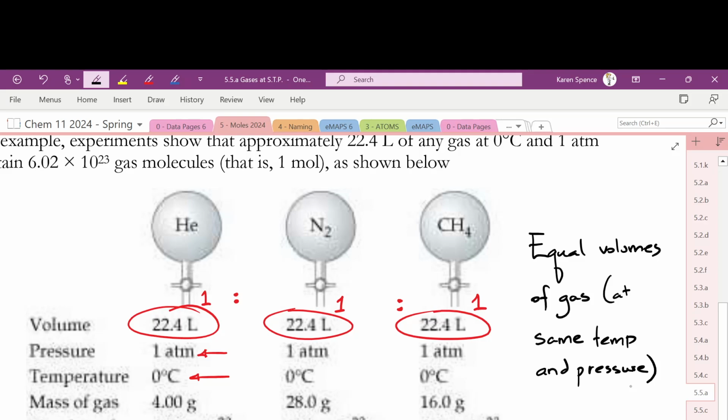Tell your partner. What do we know? Equal volumes of gas at the same temperature and pressure. Not the same volume because they are the same volume. They contain the same number of molecules.